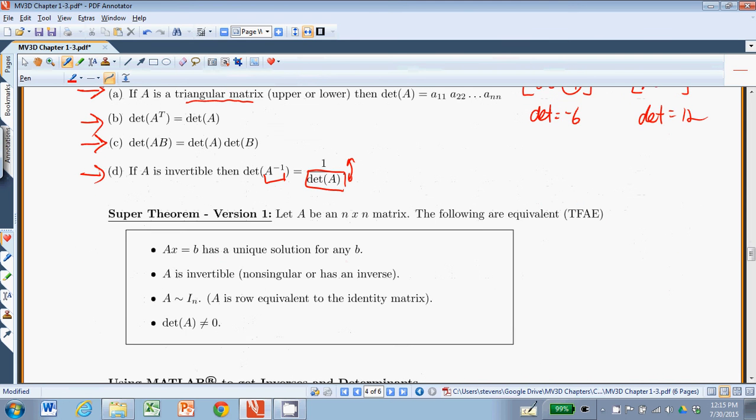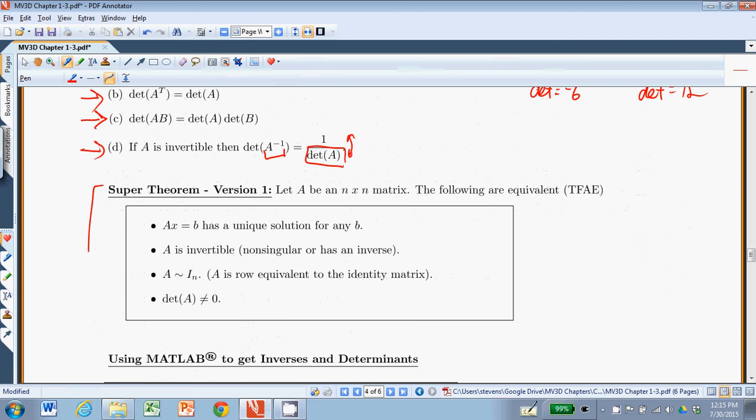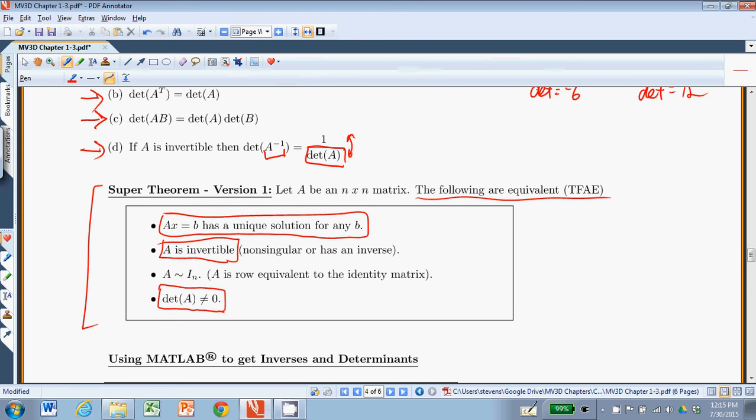Now we're going to do our first version of the super theorem. What this is saying is that the following are equivalent, meaning if you have one of these, you have all of them. I'm going to work from the bottom up. Suppose you know that the determinant of the matrix is not 0. That is the same as saying the matrix is invertible. That is the same as saying AX equals B has a unique solution no matter what B is.